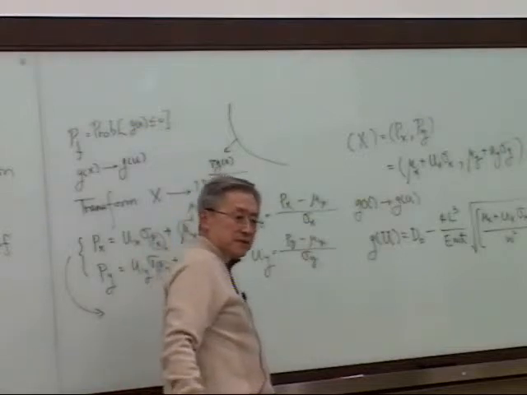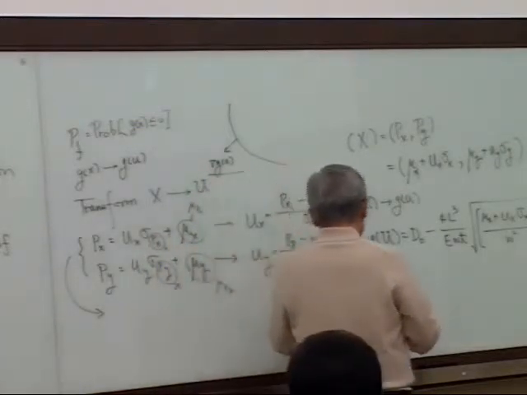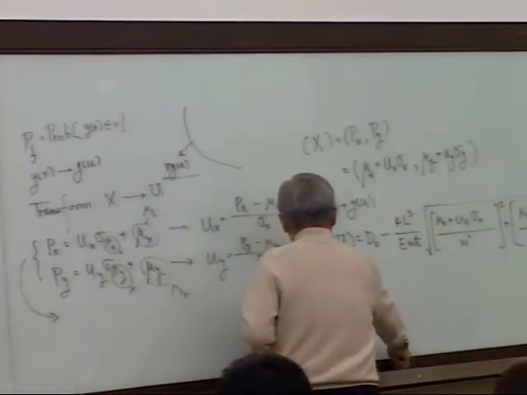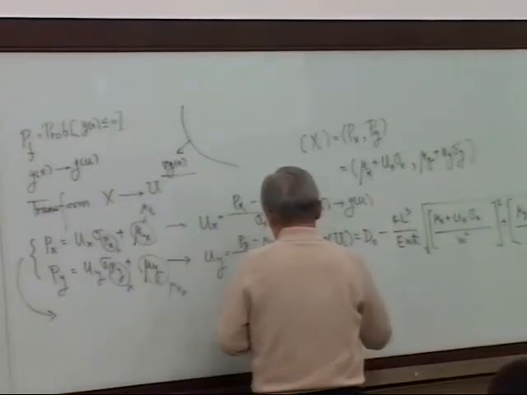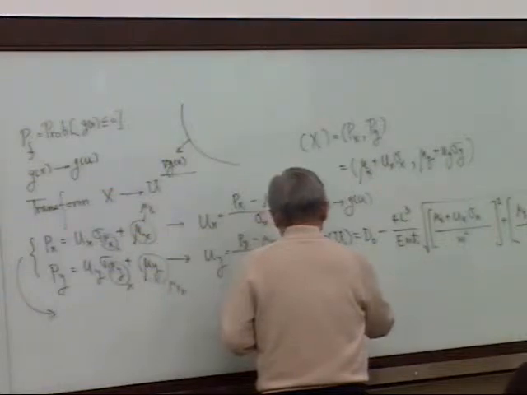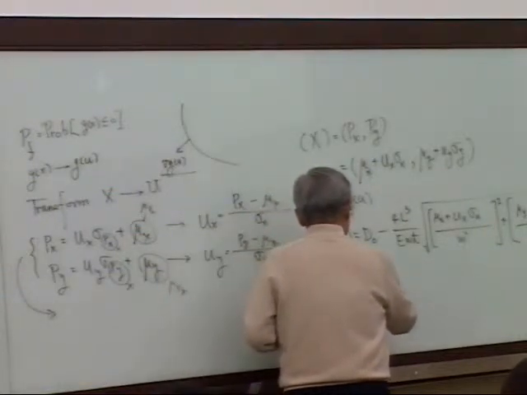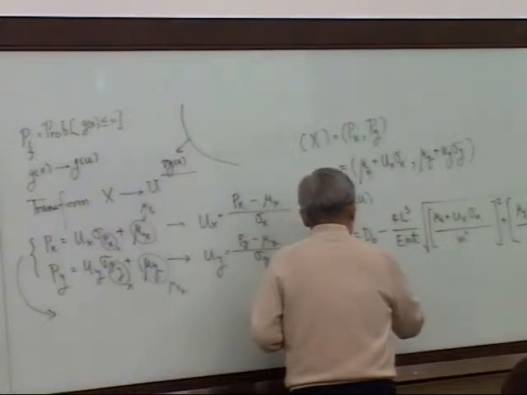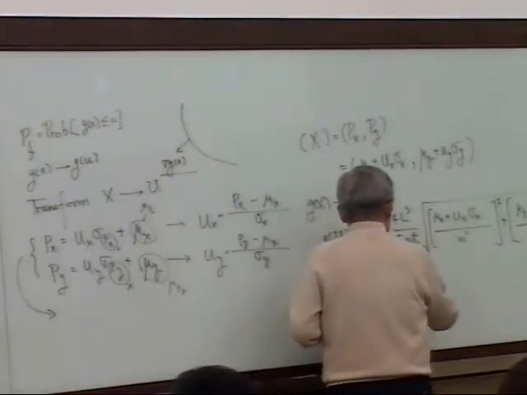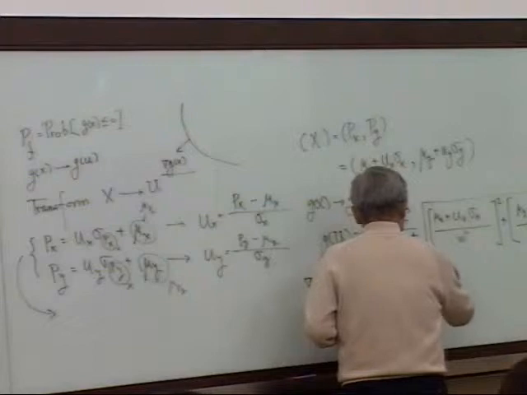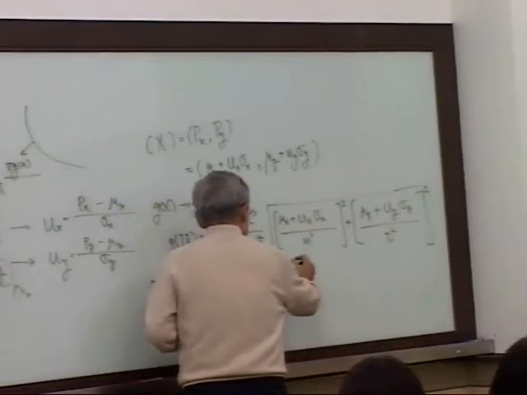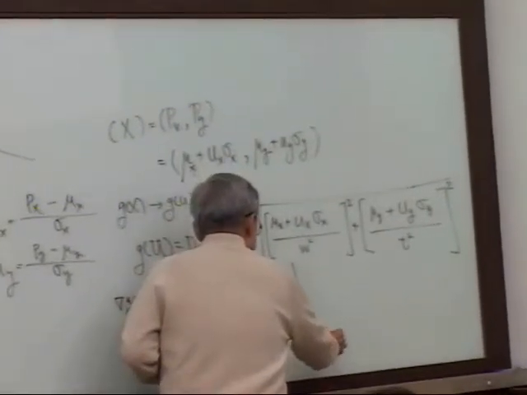So we have to compute that: the gradient of Gu is del Gu over del Ux, del Gu over del Uy, evaluated at the U naught.